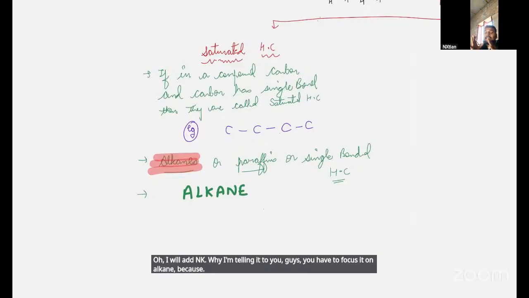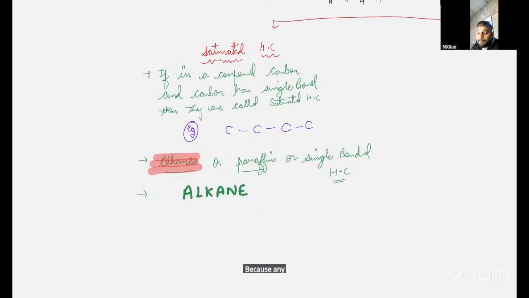Because any name of a carbon compound we will know by this. See, everyone please pay attention. If a name is there, for example, butane, we have to focus on this ANE.